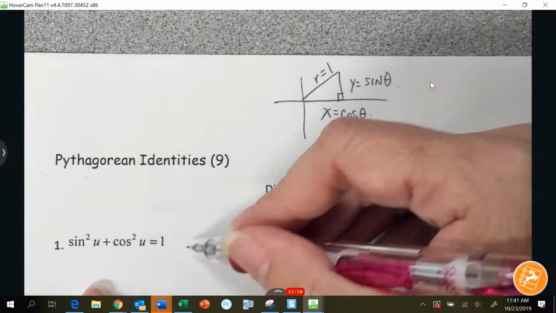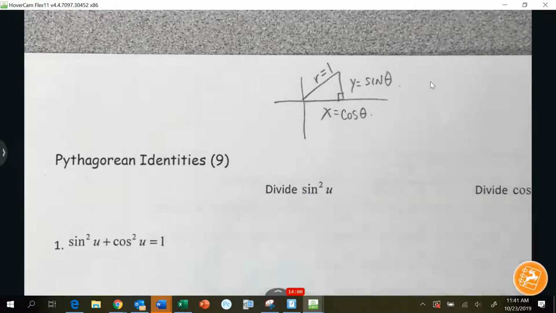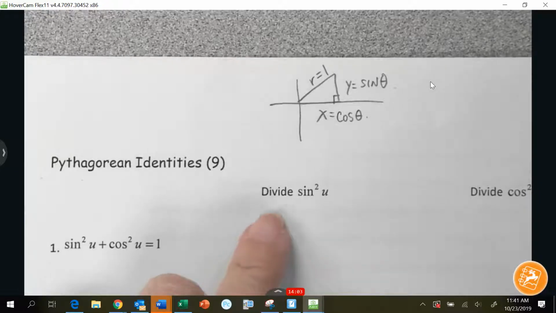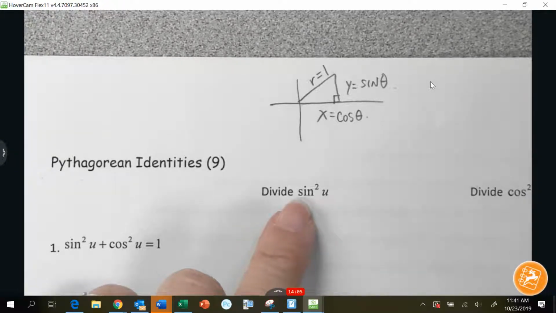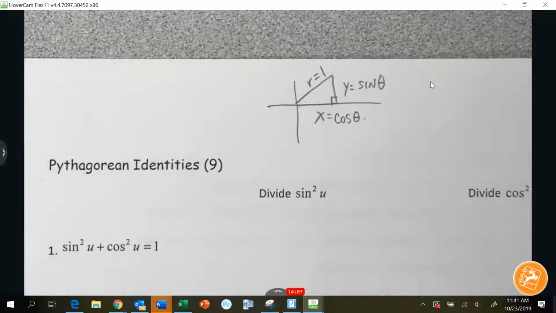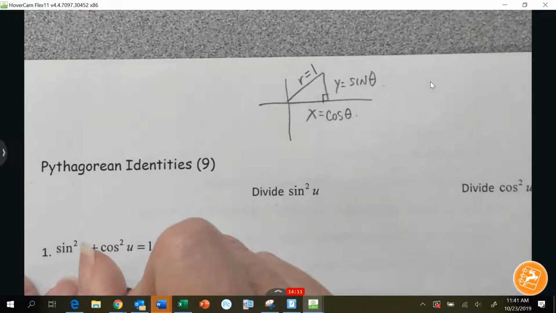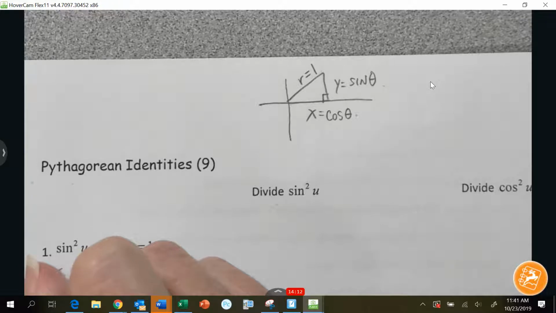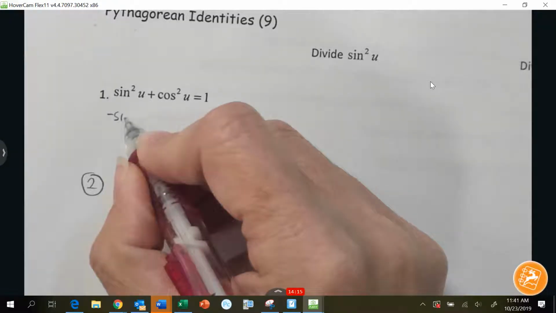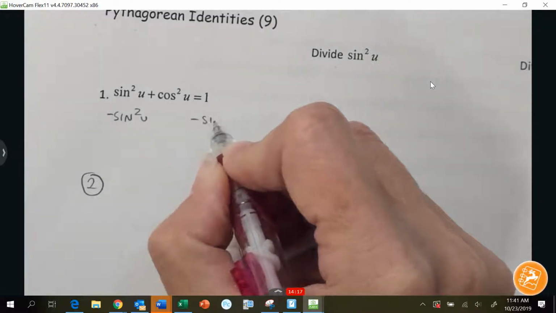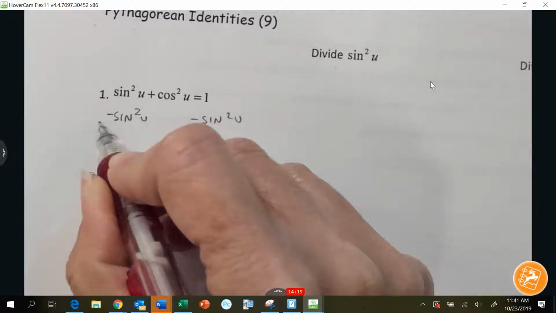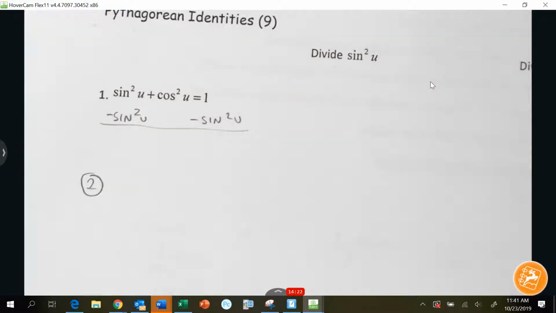Okay? Now, I'm suggesting for our second one that we divide, oh wait, I lied. We're going to go down. For our second one, subtract sine squared u from both sides. So I'm using a subtraction property of equality.